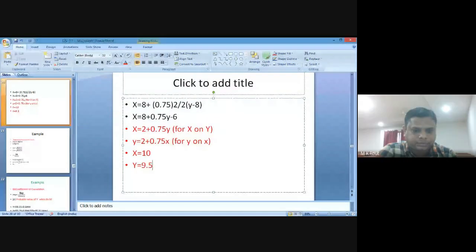Let's check who has finished. Ritupurna Swai, what is your answer? Okay, 9.5. Shakti Prasad, Pratyush Kumar, Salesh Naik, what is your answer?